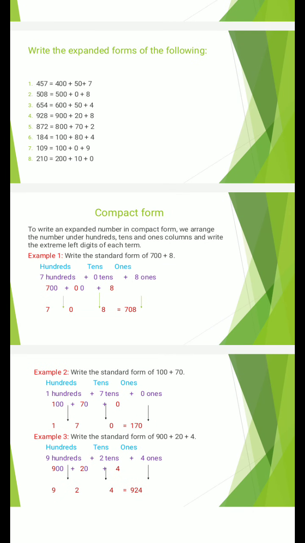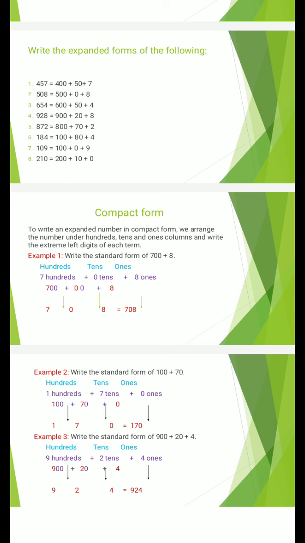We want to write the standard form of 900 plus 20 plus 4. Hundreds, tens, ones. On the hundreds place, 900 means the number includes 900. 20 means the number includes 2 tens, and 4 is on the ones place.